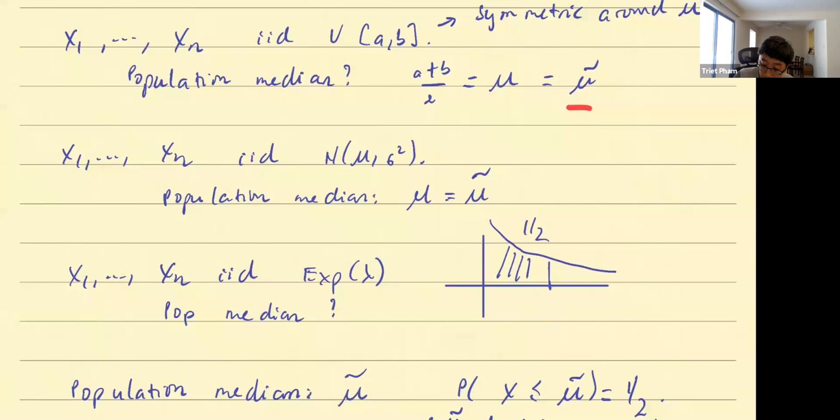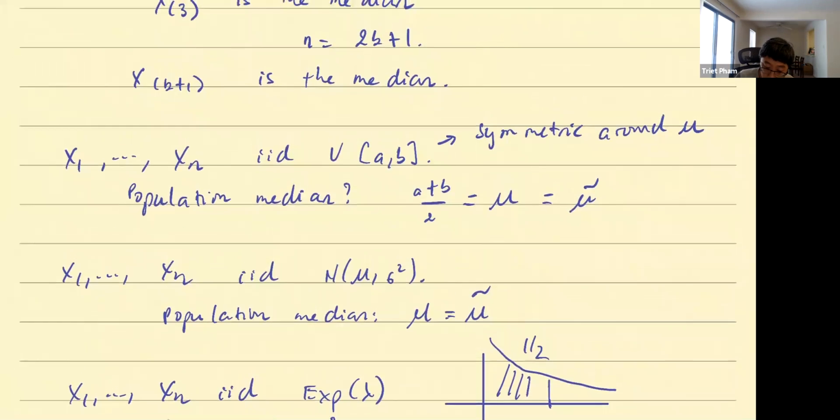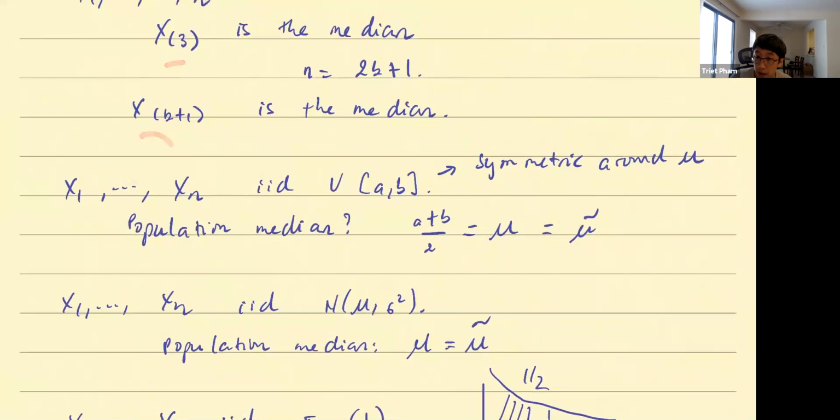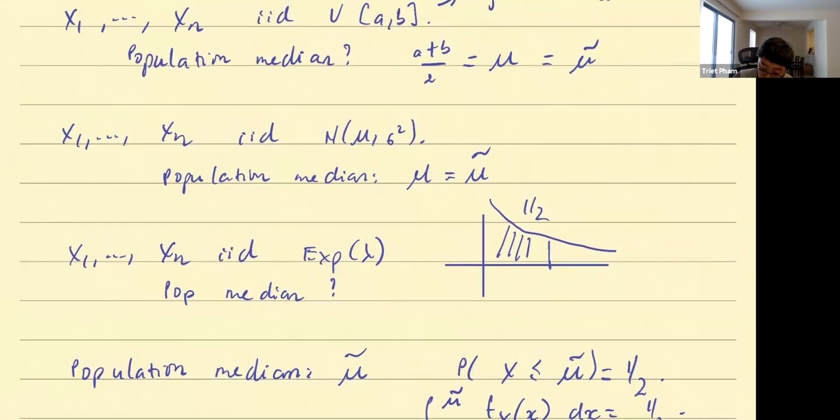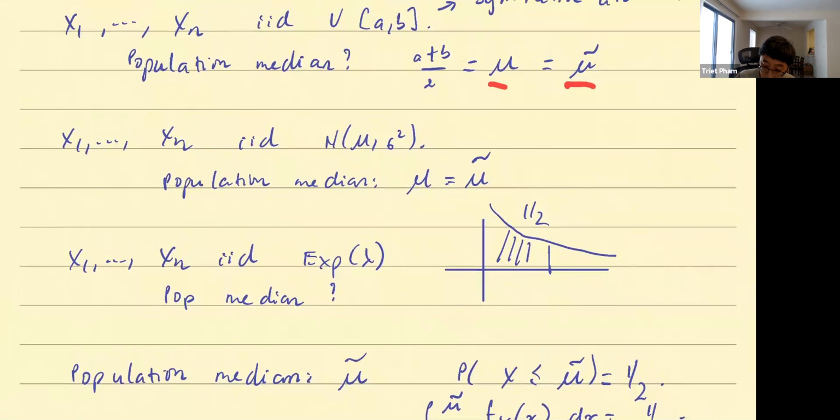But now you have the population median, which will be estimated by a different sample statistic, namely the sample median. In the case where they're different, the sample median and sample mean estimate different things. But when the population median and population mean are the same, then you have two competing estimators for this value.